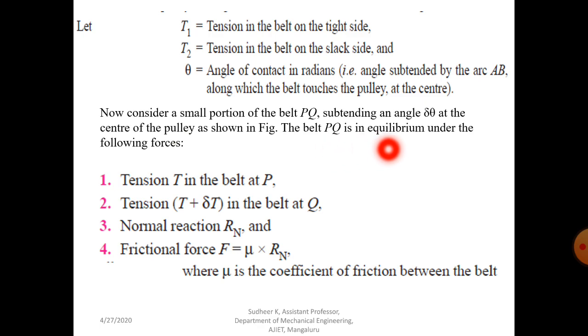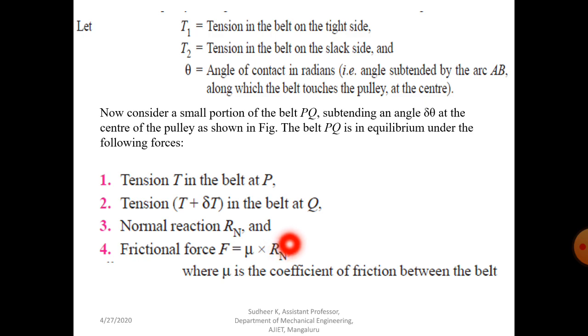So the belt PQ is in equilibrium under the following forces. The belt is under equilibrium condition, so it is subjected to four important forces. The first one is tension T in the belt at P, that is at the slack side. Similarly, tension T plus del T in the belt at Q. Then there will be a normal reaction Rn.